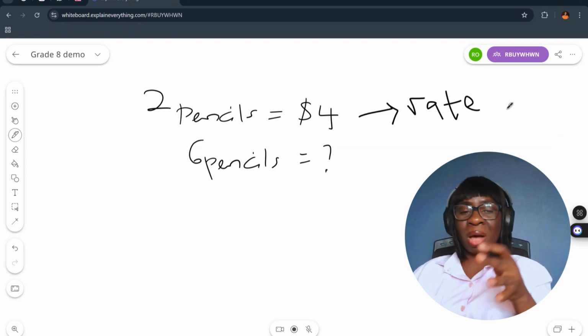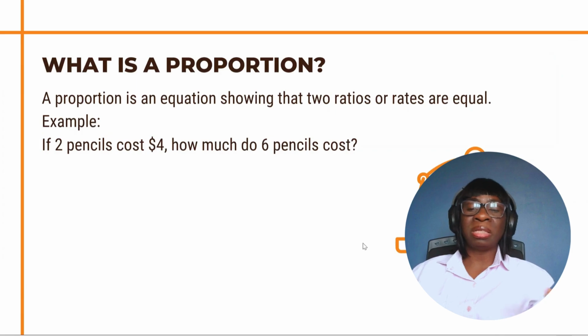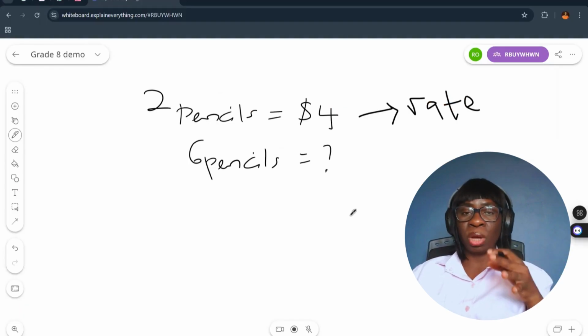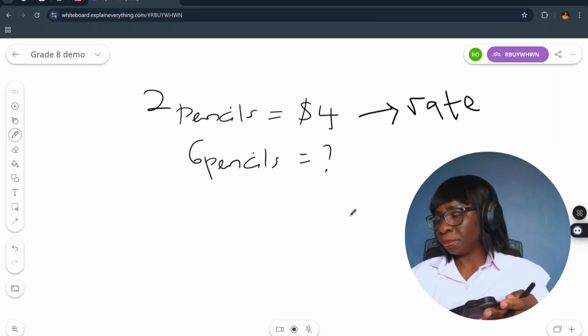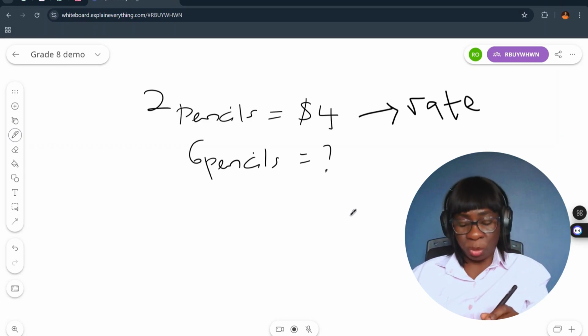Now, just like we said, proportion is an equation that is showing the relationship between two rates or ratios, but this time around it's comparing two rates. So this is where the proportion comes in.